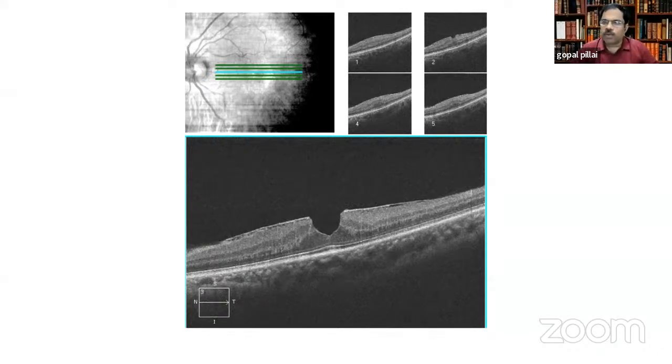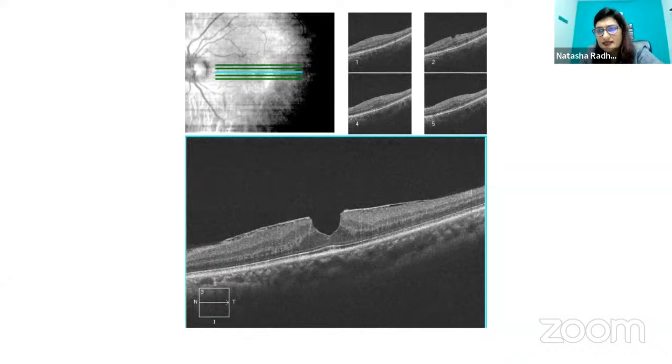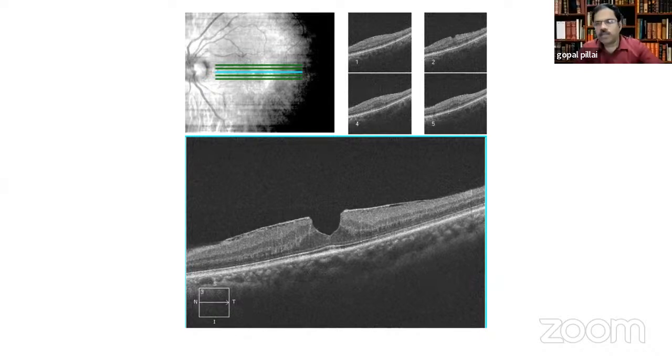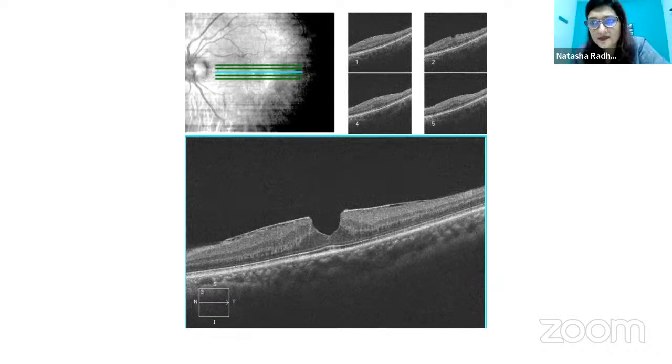Any other point that you have to add, Natasha or Karthikeyan sir? What is the ophthalmoscopic test that can distinguish this from a full thickness macular hole? You can do it with a slit lamp or 90D, or with a direct ophthalmoscope.